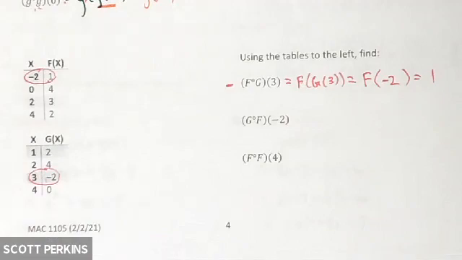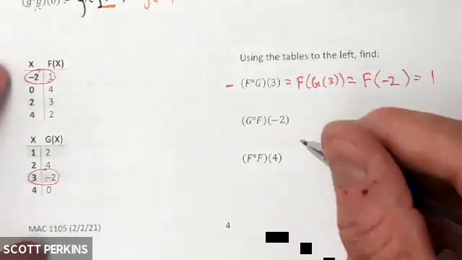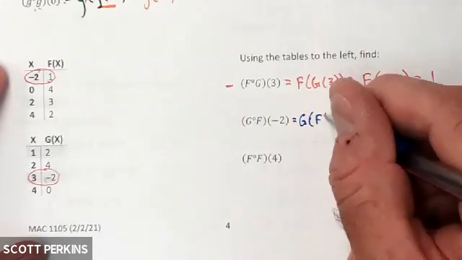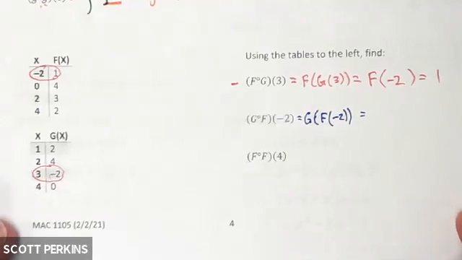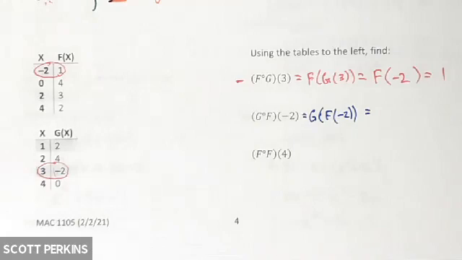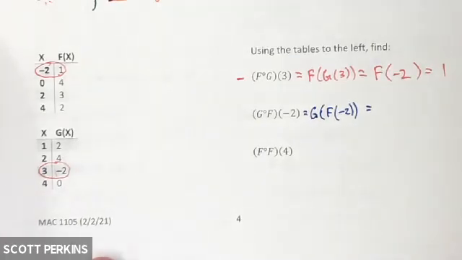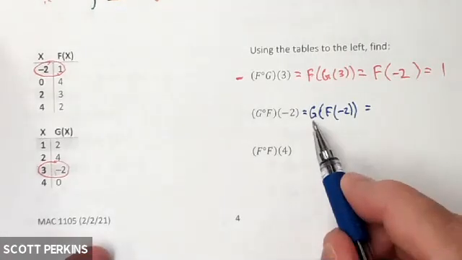What I get out is 1. Okay, so do the next one down, g composed with f of -2.